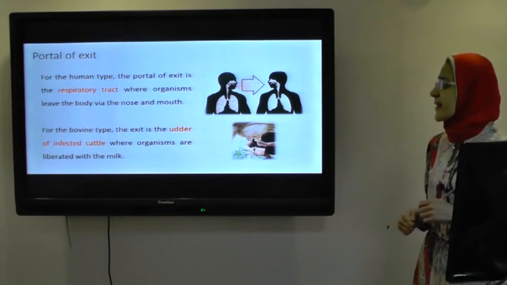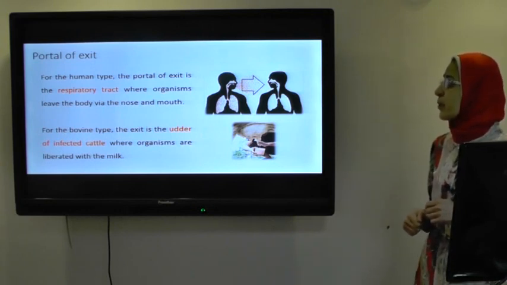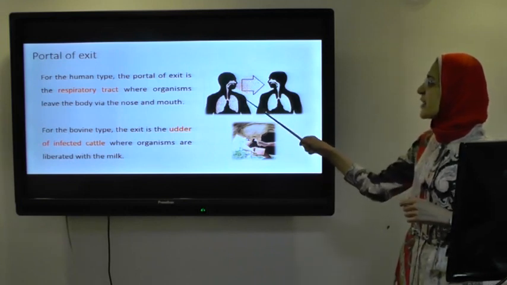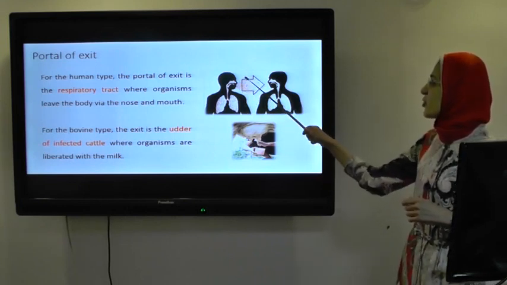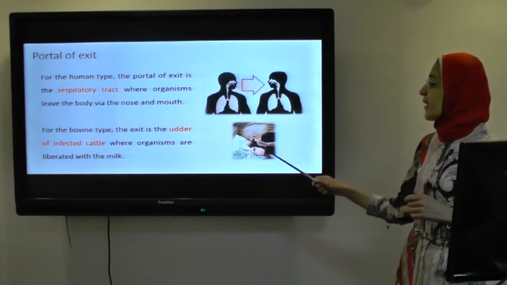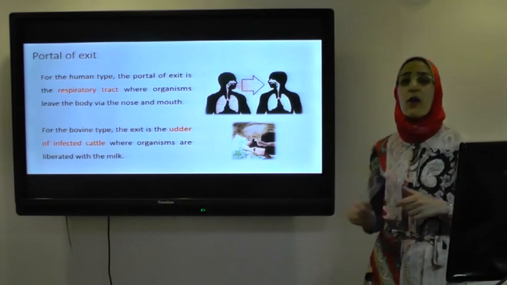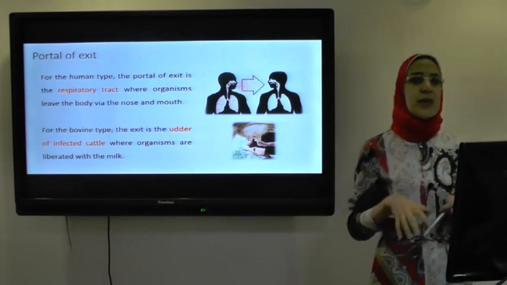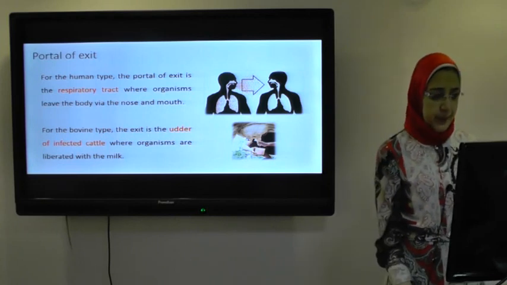Regarding the portal of exit, for the human type, the portal of exit is the respiratory tract where organisms leave the body via the nose and the mouth. On the other hand, for the bovine TB, the exit is the udder of TB infected cattle, where organisms are liberated with the milk.